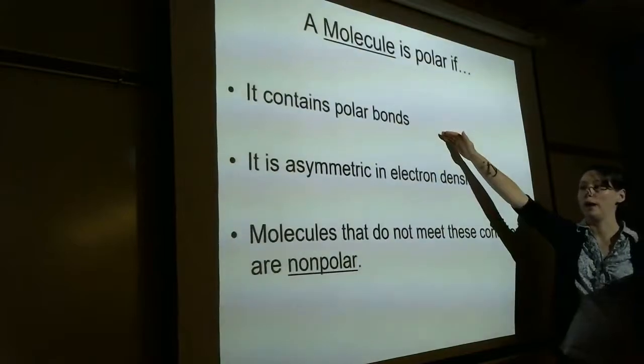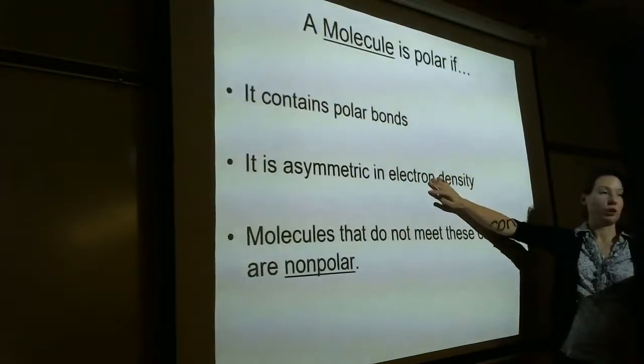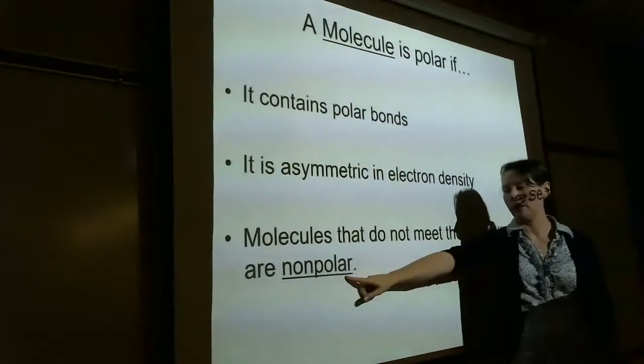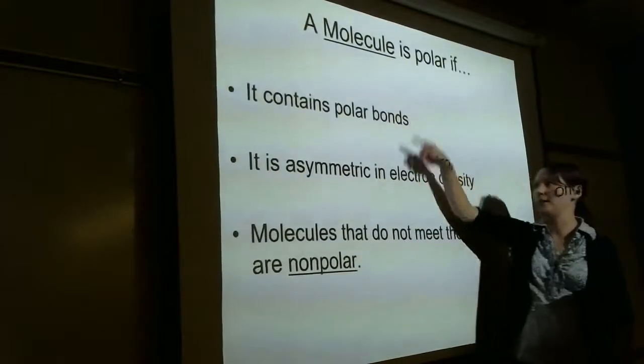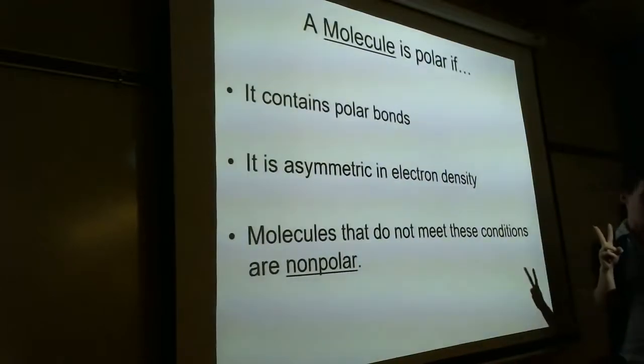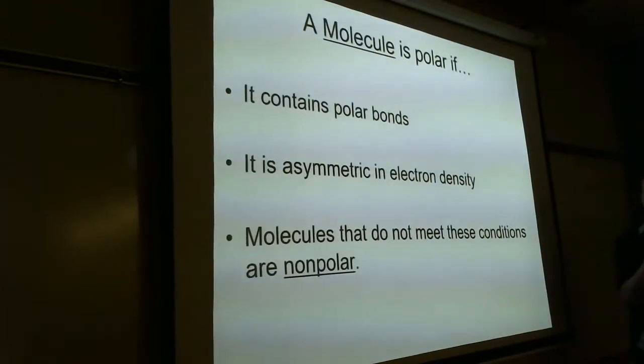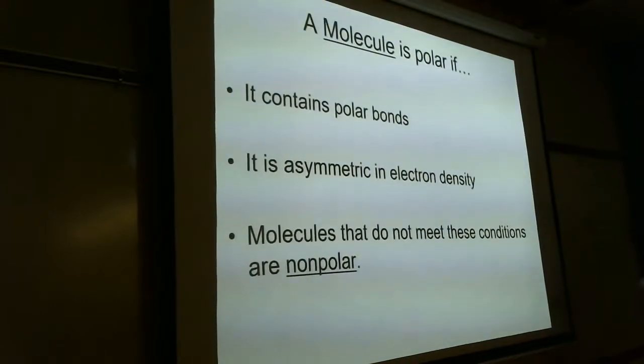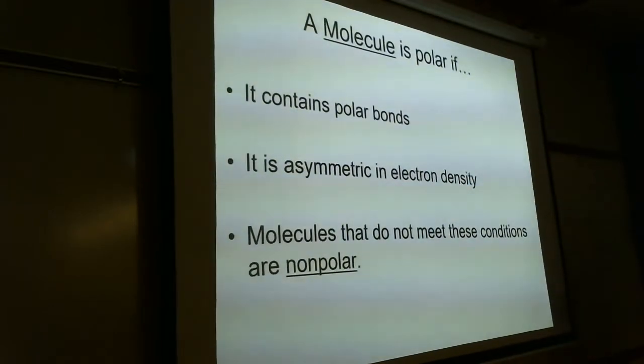So you could have polar bonds but not meet the second requirement. If the first is checked and the second is not, then that molecule will be non-polar. If both are checked, the molecule as a whole is polar. It has to contain polar bonds, and the electron density has to be asymmetrically distributed.